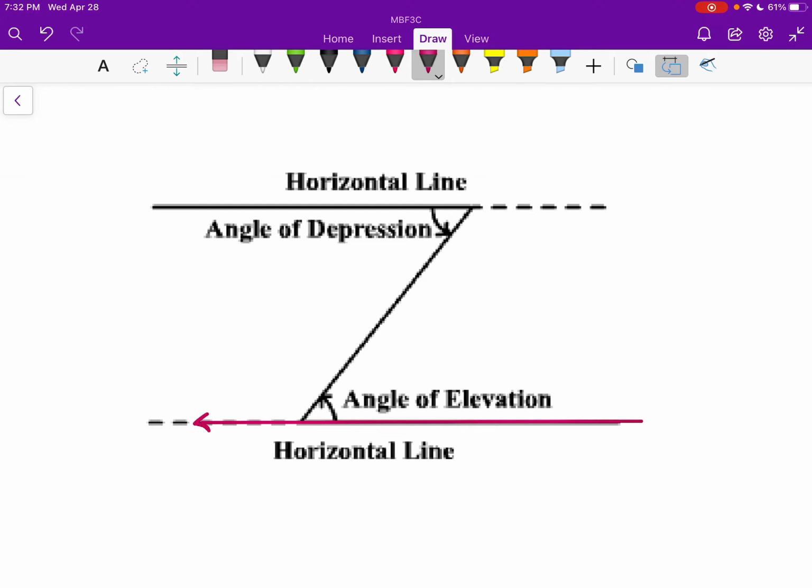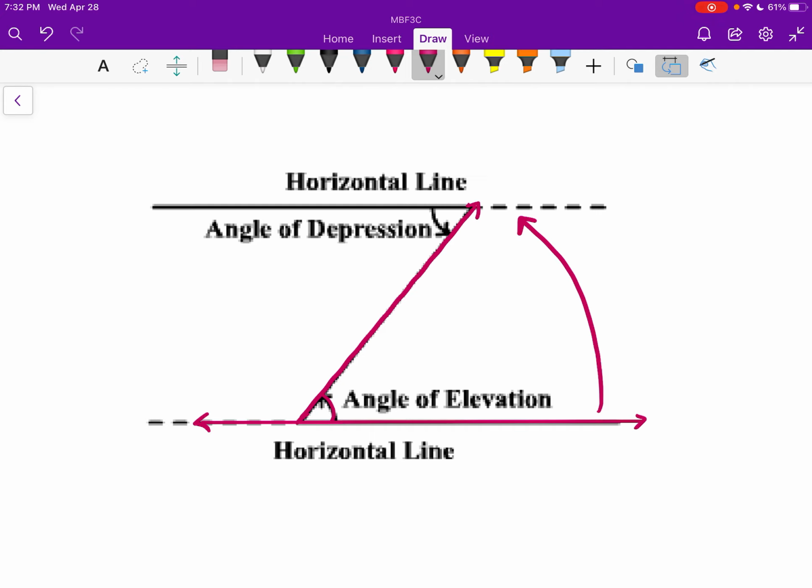I'm just going to correct it and make it horizontal. If, from that horizontal line, our angle is looking upwards, so it's opening up towards whatever is on top or towards the ceiling, that's going to be an angle of elevation, which makes sense.